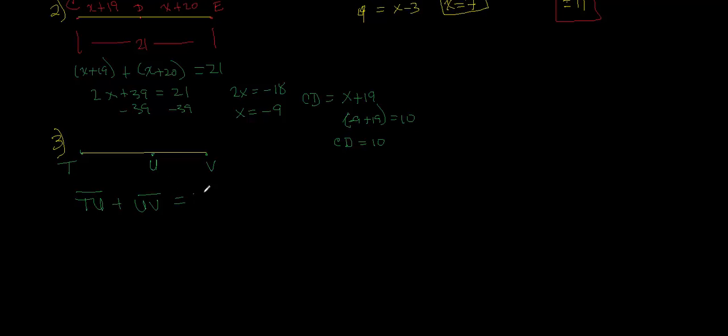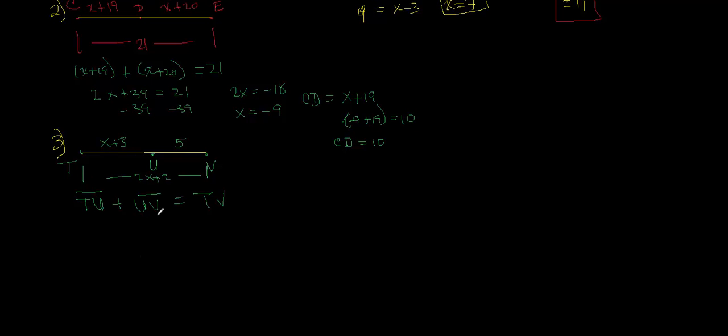And then this part here is given to be x plus 3, and then positive 5 for this length, and then the total length from here to here would be 2x plus 2. So we get 2x plus 2 here, and upon solving for x, we substitute that into our postulate here.